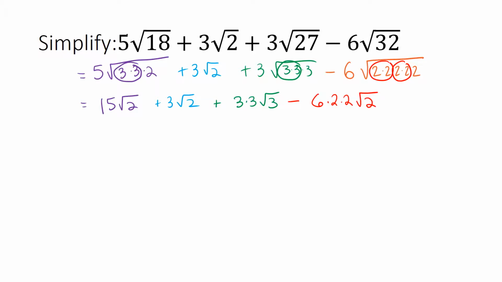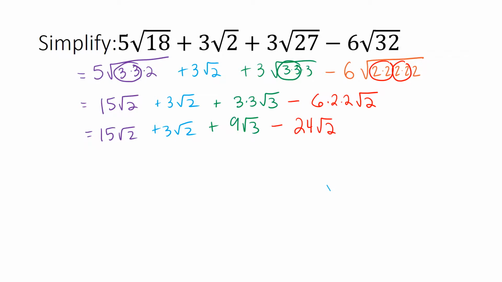When we simplify everything, we have 15 radical 2 plus 3 radical 2 plus 9 radical 3 minus 24 radical 2.